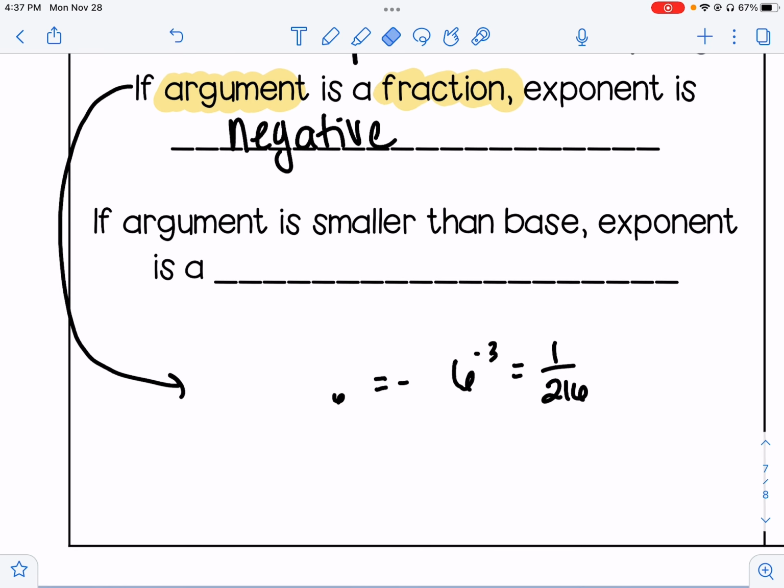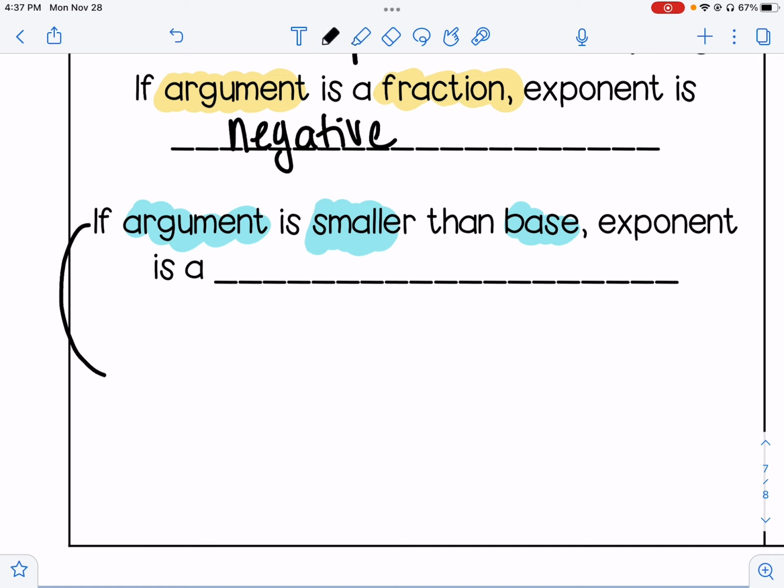The second one is similar but slightly different. It says if the argument is smaller than your base. Well, what we mean by that, assuming that they're both whole numbers, one of the ones we looked at is log base 125 of 5.